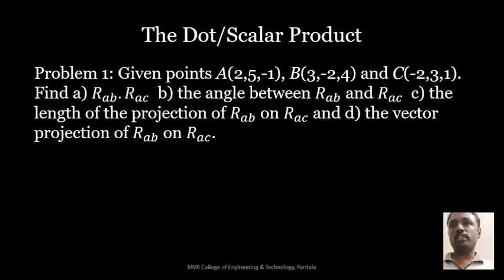We already defined this in the unit vector definition. In a similar way we get the RAC magnitude. Those magnitudes can be multiplied, and RAB dot RAC divided by that result gives the cosine of the angle between them.